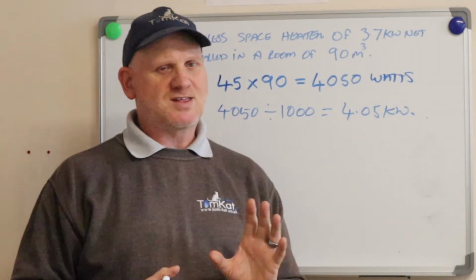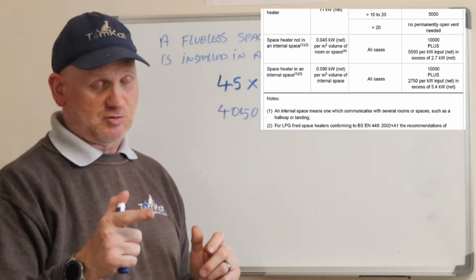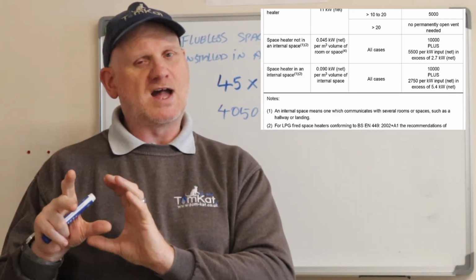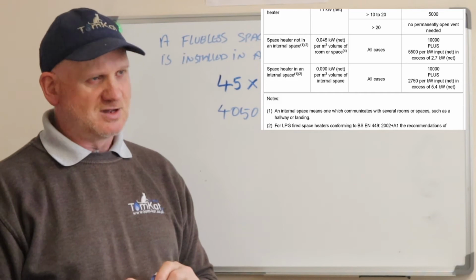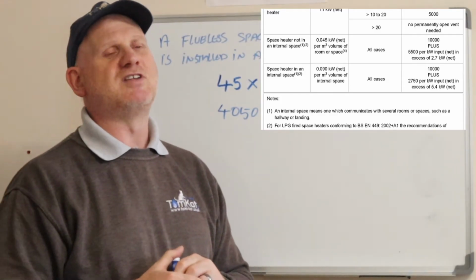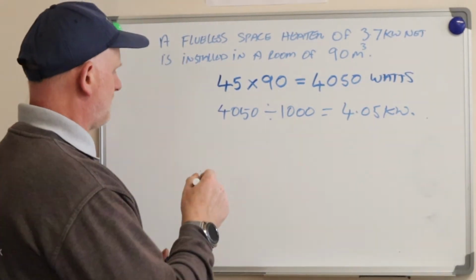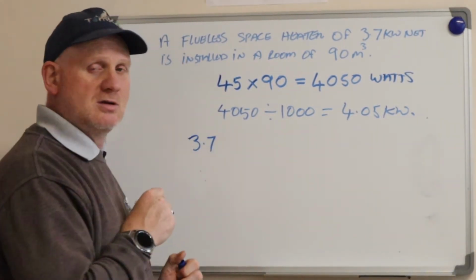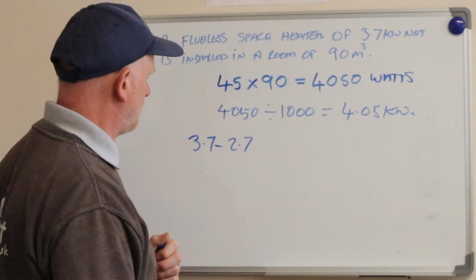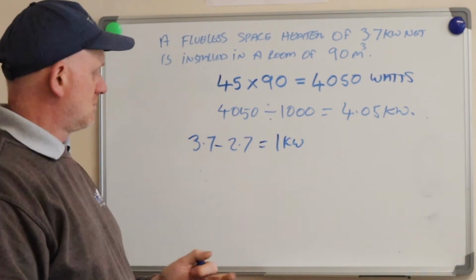So basically, what it says in the standard is a fire up to 2.7 kilowatts net, a flueless one, installed in a room can have 100 centimetres squared up to 2.7 kilowatts. Then for every kilowatt over 2.7, it requires an additional 55 centimetres squared per kilowatt. So we've got a 3.7 kilowatt fire. So 3.7 minus 2.7, because that's what we're allowed up to 100 centimetres squared, equals 1 kilowatt. 1 kilowatt difference.